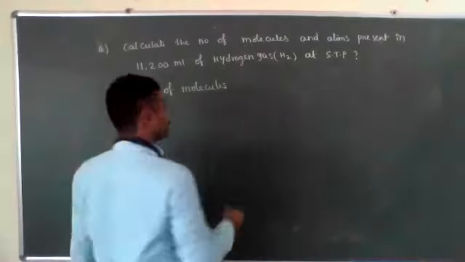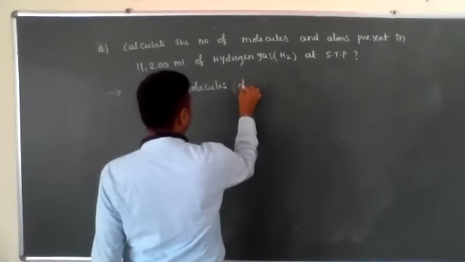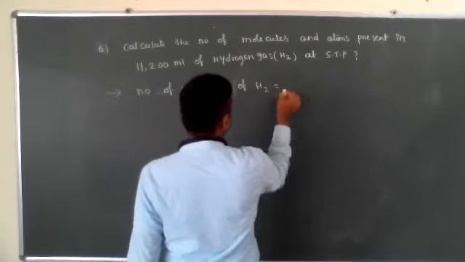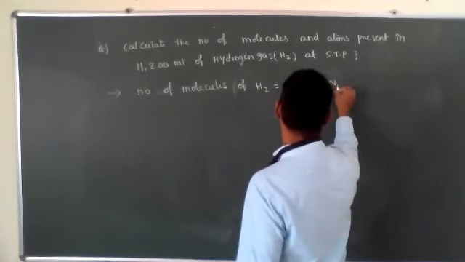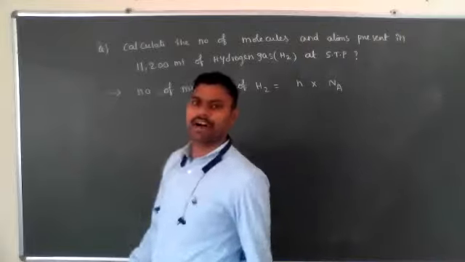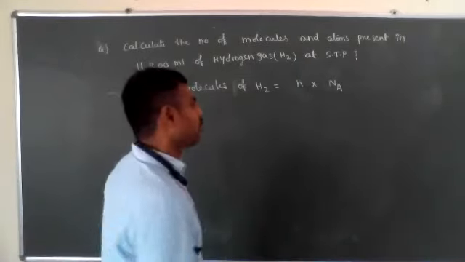Number of molecules of H2 is equal to number of moles times Avogadro number. But from the volume, how to calculate the number of moles?